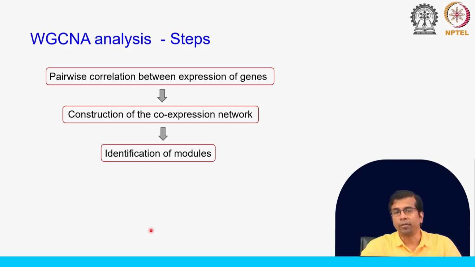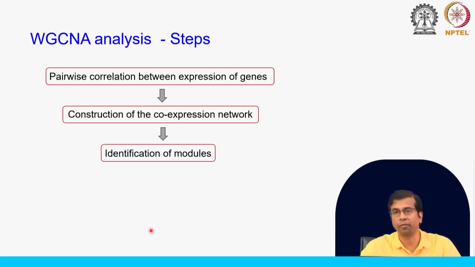Now when we identify these modules, there is one part that's very important: something called soft thresholding, which we will discuss in a lot of detail. The idea is that we choose this threshold by using a soft threshold.